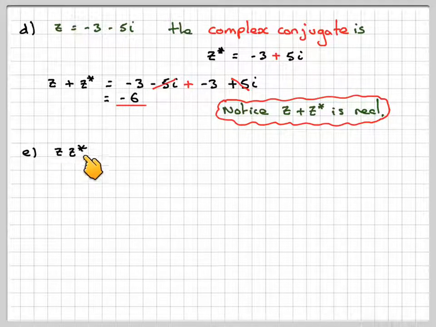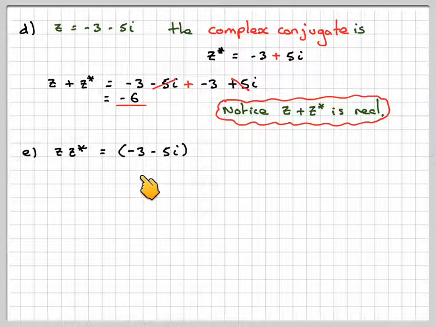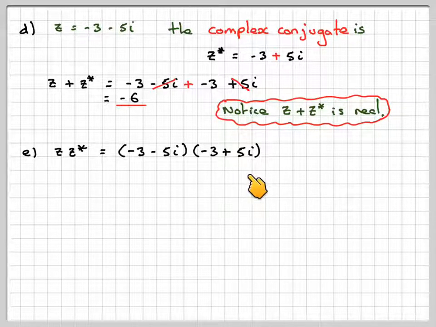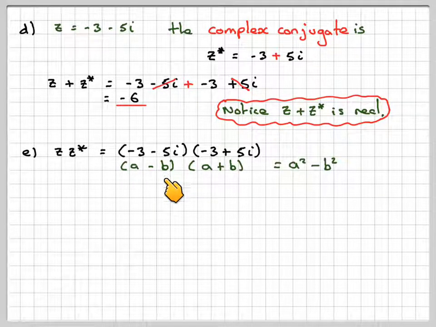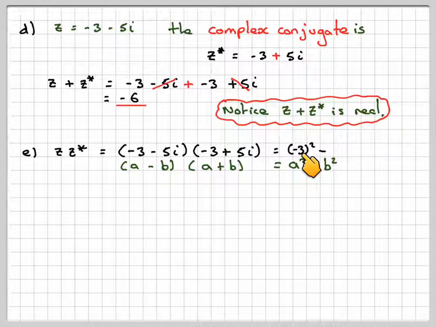Now if we multiply the number by its conjugate, so we've got minus 3 minus 5i times minus 3 plus 5i. Now, you should use this idea that a minus b times a plus b is a squared minus b squared. So we need to do minus 3 all squared. I'd advise you to write this bit down. Minus 5i all squared.